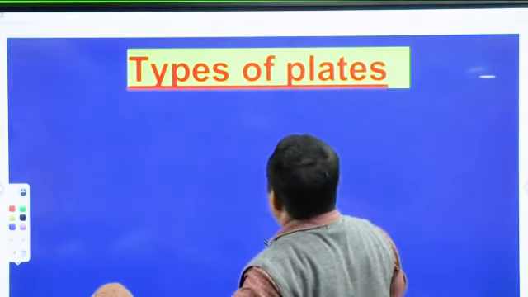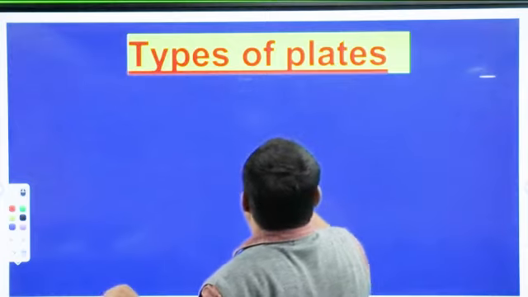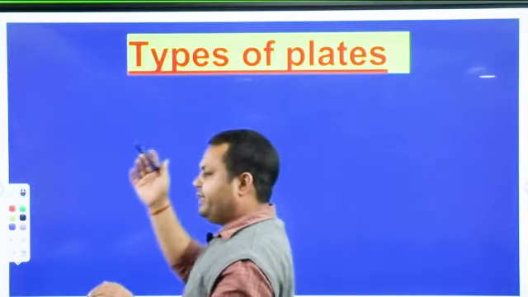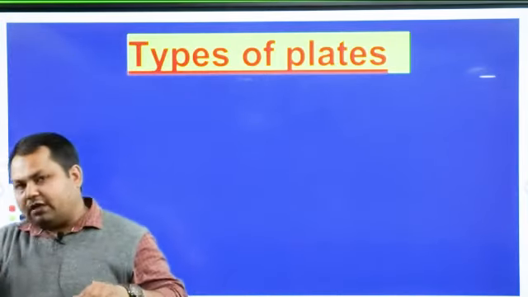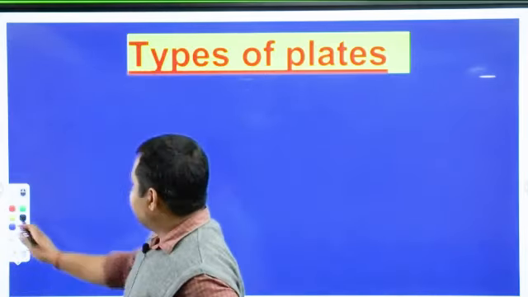So now, types of plates I have already told. I have already explained about the types of plates: major plates and minor plates. Now on the basis of density, we must understand another type of plates, right?